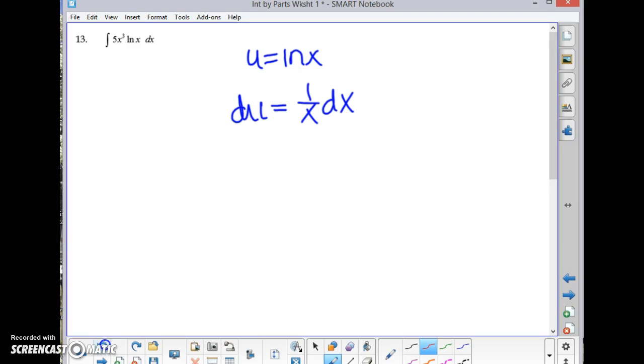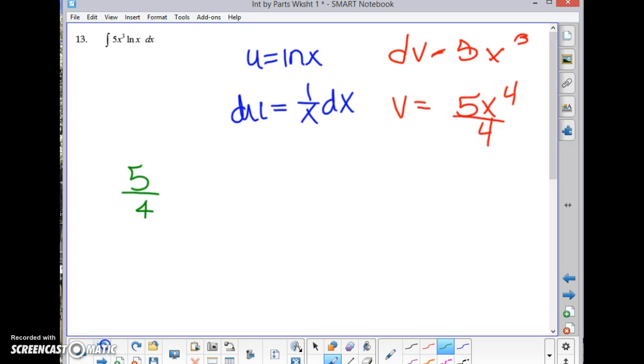Which means that dv is the other piece, 5x cubed, and v then will be 5x to the 4th over 4. And if I go with the standard integration by parts, I have u times v minus the integral of v du. I'm going to put that 5 over 4 up in front.